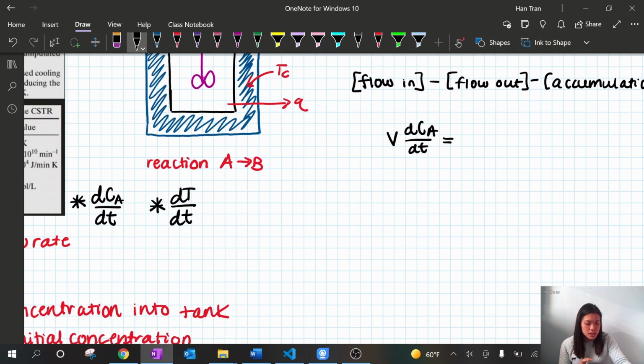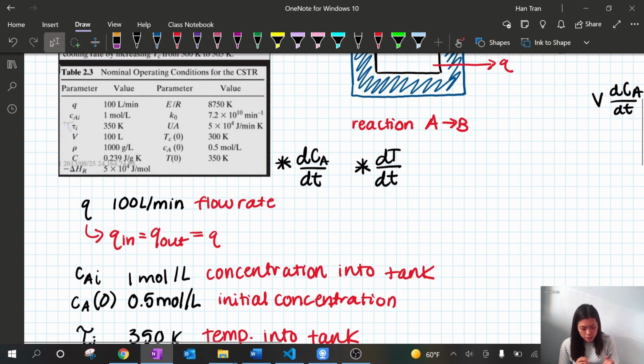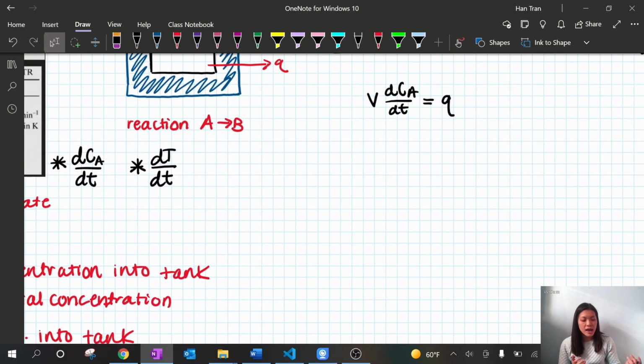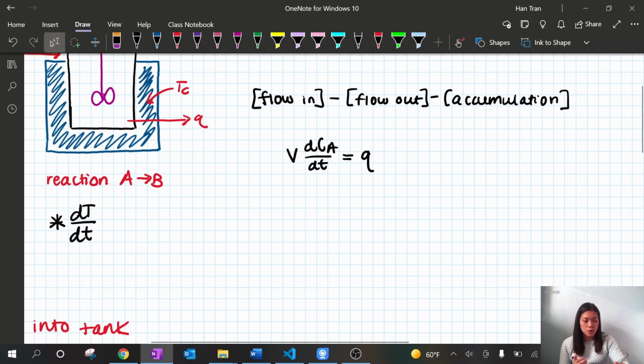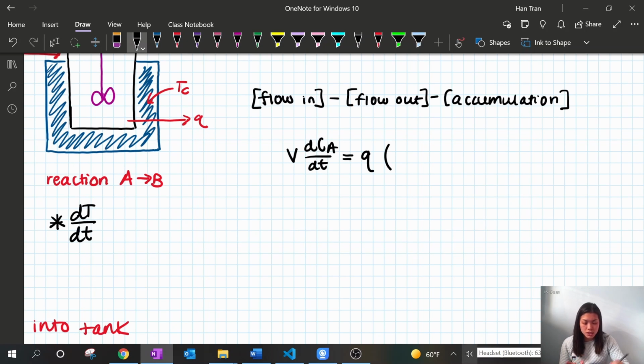And so this is going to first start with the flow in. So we have the flow rate, that is Q, but as we established here, the flow rate in equals the flow rate out equals the flow rate. So we can have the flow rate be the same for both in and out of the tank. And so we just want to have it be the concentration going in.